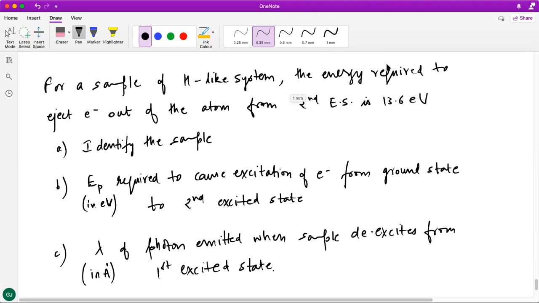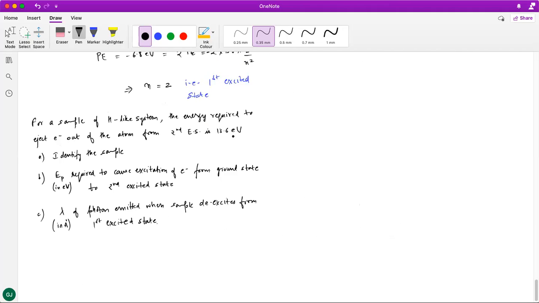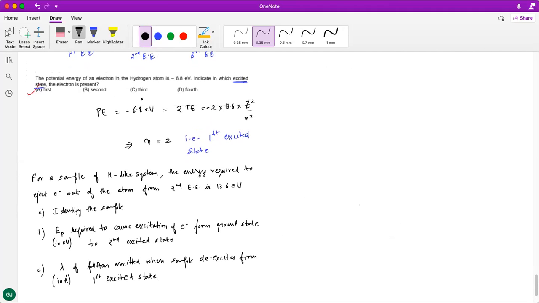Yes, say Ishan, you had a certain doubt. Sir, I didn't understand the previous question because your voice was breaking. Okay, previous question was okay. Let me zoom out a bit more so that everyone can read. The thing was that you were given the potential energy. So first of all, don't use the formula of total energy. Use the formula of potential energy, which was 2 times total energy. So you use minus 6.8 equal to 2 times minus 13.6 into z square by n square.